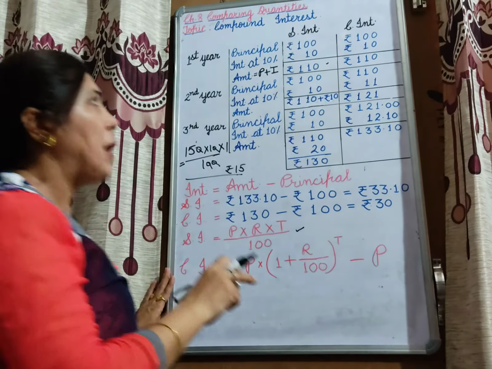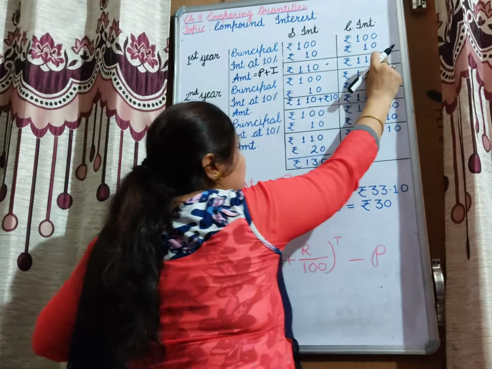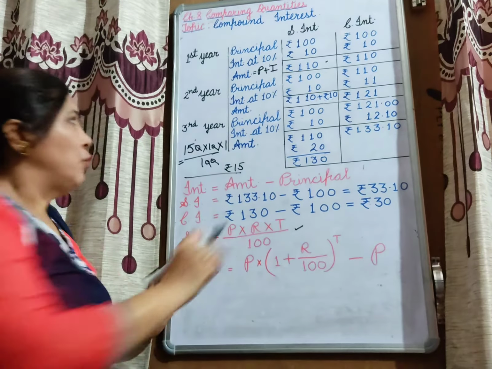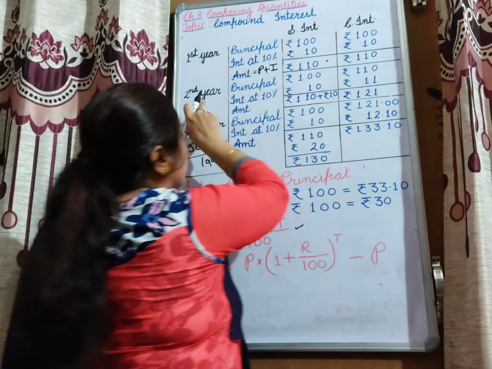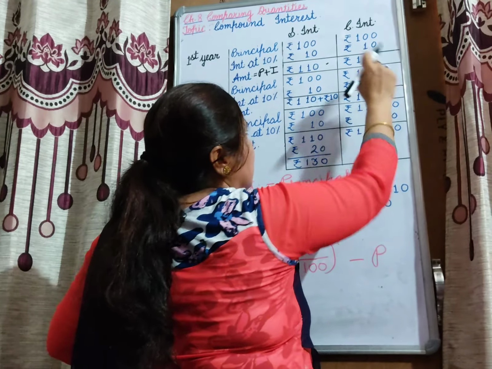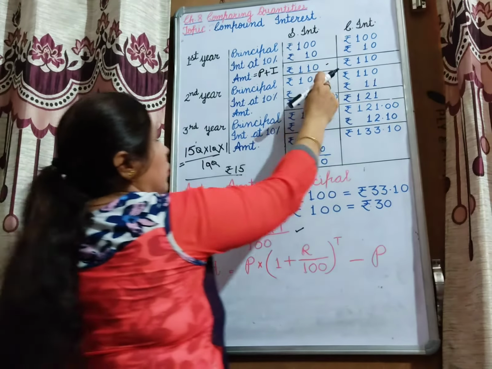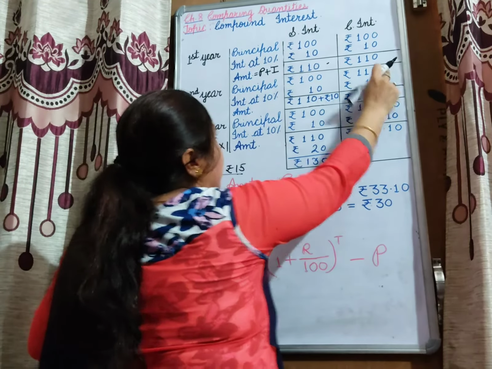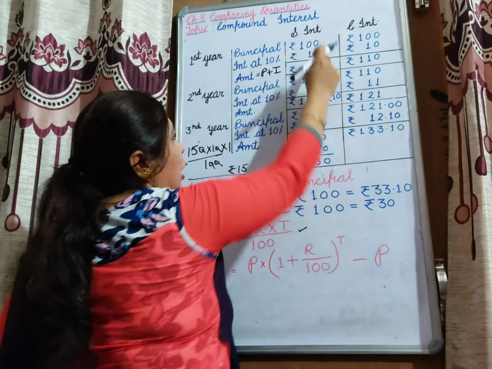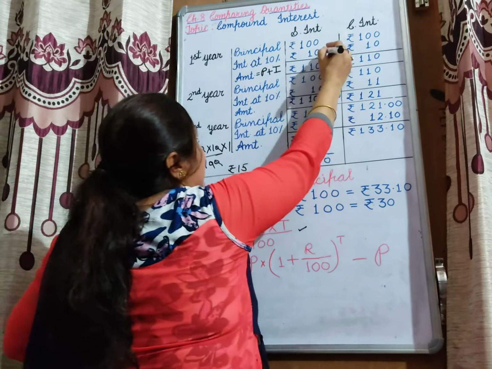But in compound interest, the amount of the previous year we have to consider as principal for the next year. Means for the second year, principal will be rupees 110, which is the amount of the previous year. Now on this amount, this is principal for the second year and interest rate is 10%.